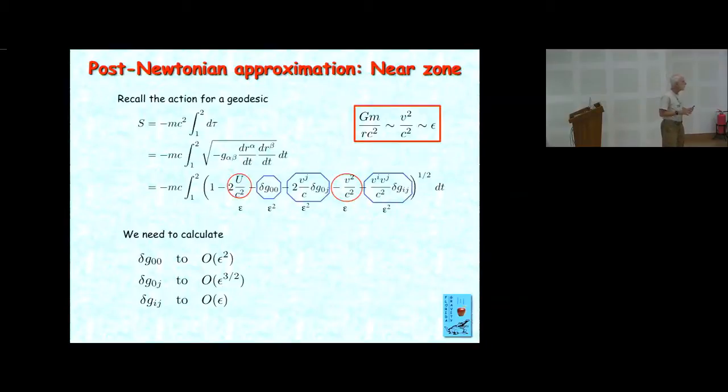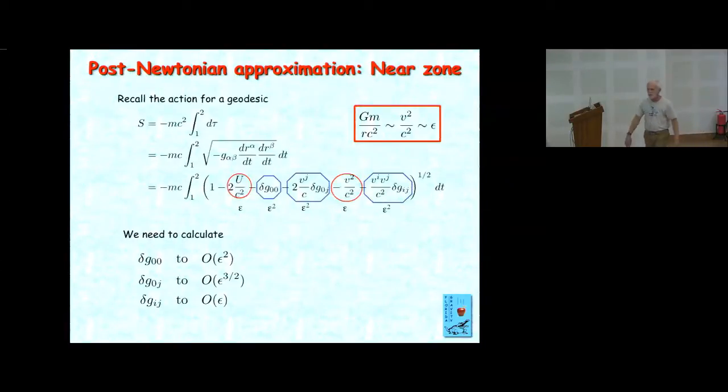You'll need it if you want to go to second post-Newtonian order, but for one post-Newtonian order, you just need to get this to order epsilon. This one, you need to get to epsilon and epsilon squared, so you really need to go to the next order to get what you need. G0j, you just need it order epsilon to the 3/2, and it's easy to see that's the lowest order you can possibly have. So you just need the first order contribution to G0j, and that's all you need.